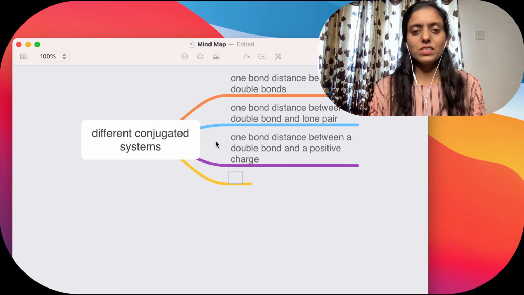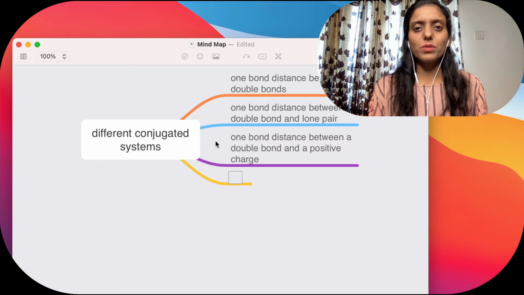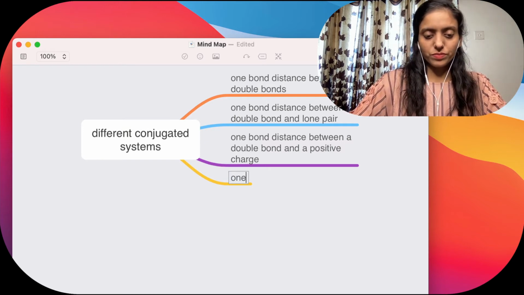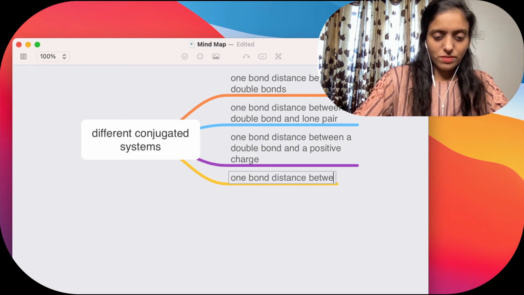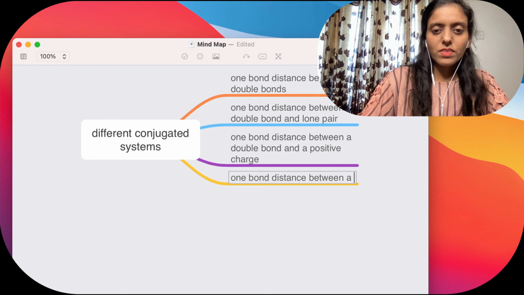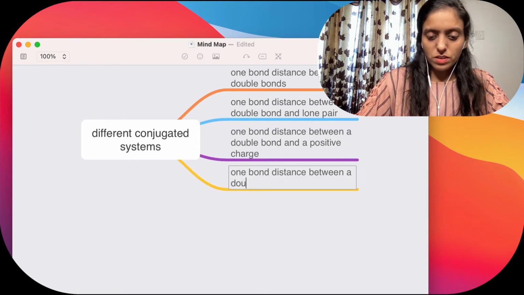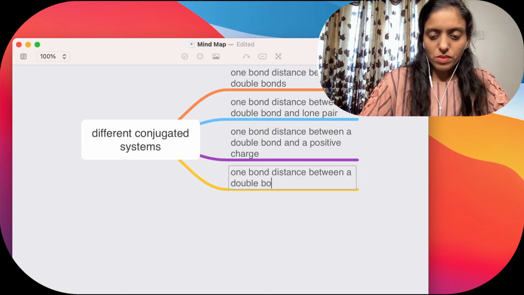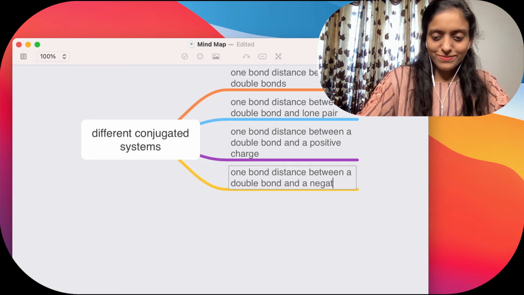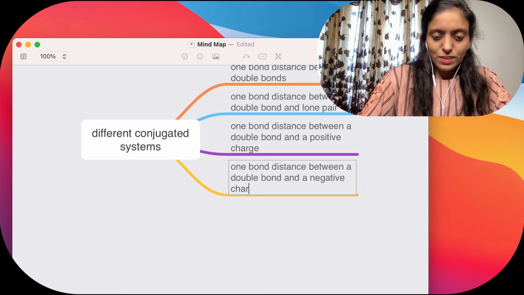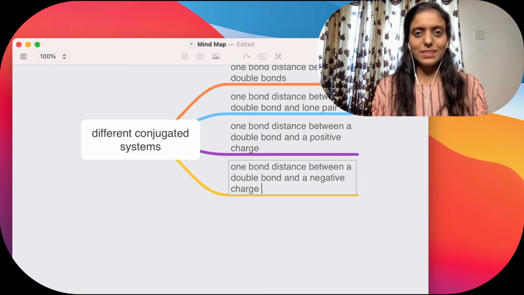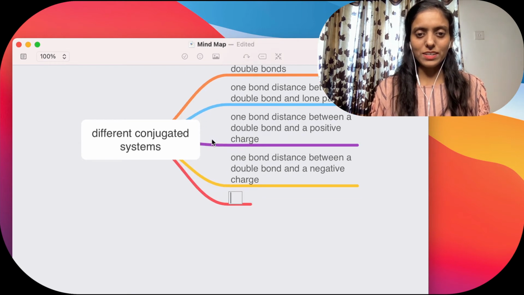So, next, if there is a one bond distance between a double bond and a negative charge. Between a double bond and a negative charge. Okay. So, you will find it very easy now to recognize a conjugated system.